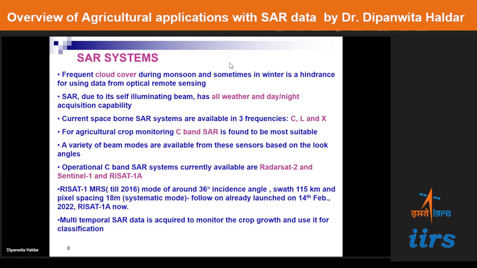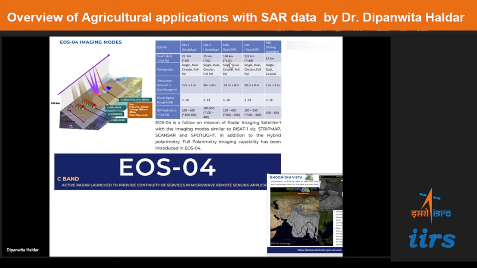If you have only one frequency, you don't have multiple wavelengths, so you get one image as a black and white image. So how to derive information out of that? Generally, we take a multi-temporal data set. So we acquire the data on subsequent dates to derive meaningful information out of that. Now, these are some of the modes which are available of RISAT-1A, this EOS-4 satellite.